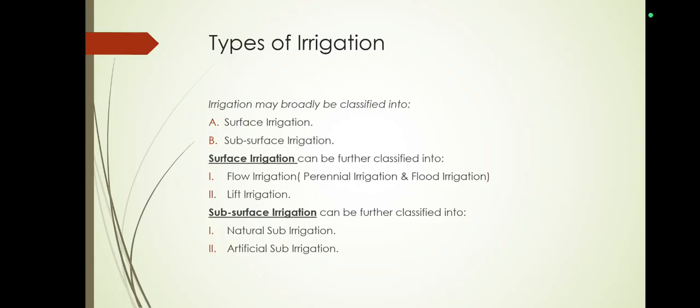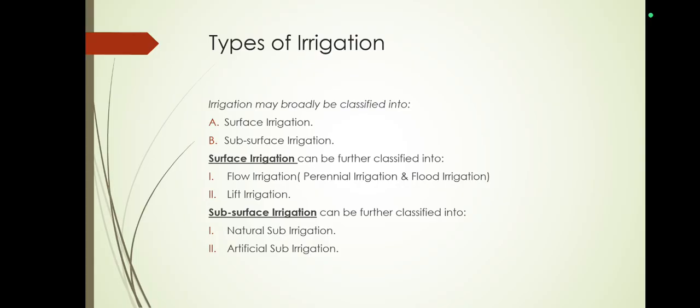So flow irrigation is a type of surface irrigation. But if the water is lifted up by some mechanical or manual means such as pumps, etc., and then supplied for irrigation, it is called lift irrigation. Use of wells and tube wells for supplying irrigation water falls under this category.